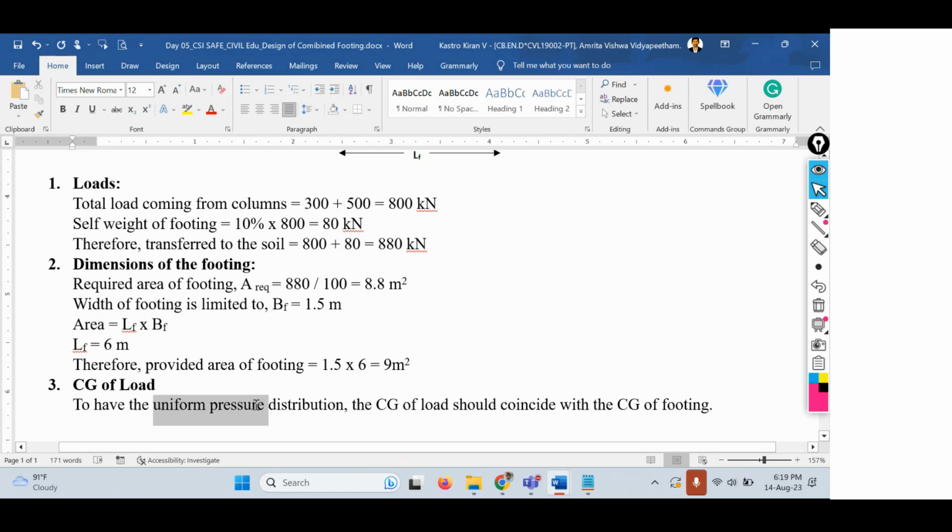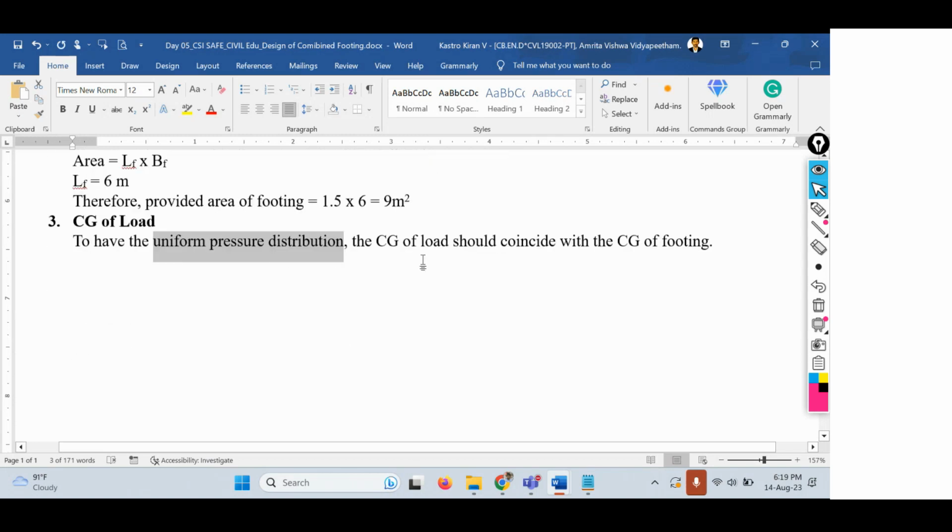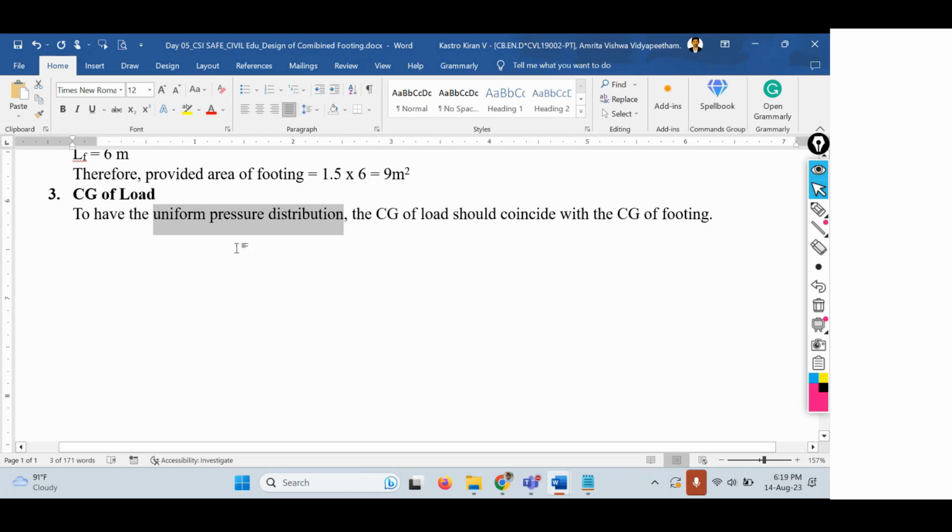Because in order to have the uniform pressure distribution. This is a new thing when you compare with the design of isolated rectangular footing and isolated square footing. In those two design considerations, we did not bother much about the center of gravity. So here we need to bother about the center of gravity of load should coincide with the center of gravity of footing.